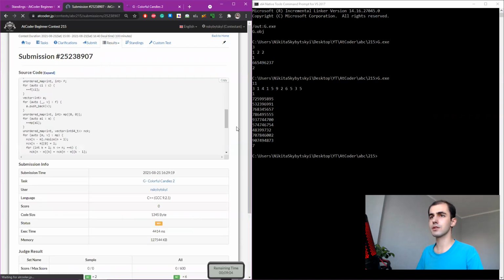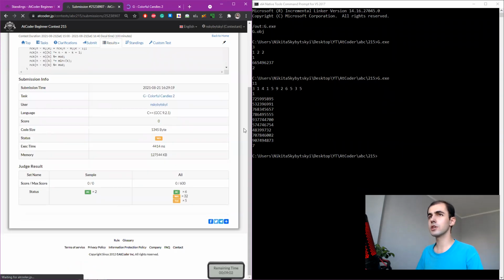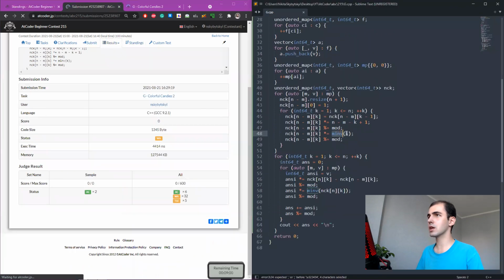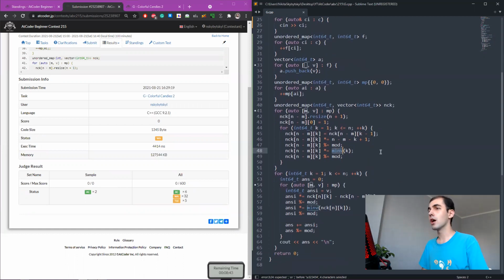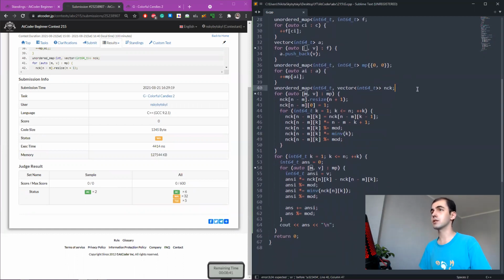Let's take a look at the details. With TLE just a little bit, so maybe caching modular inverses will help. This modular inverse needs not be performed every time. This modular inverse also needs not to be performed every time. Oh, so actually I was incorrect when I said that we have an extra log factor.